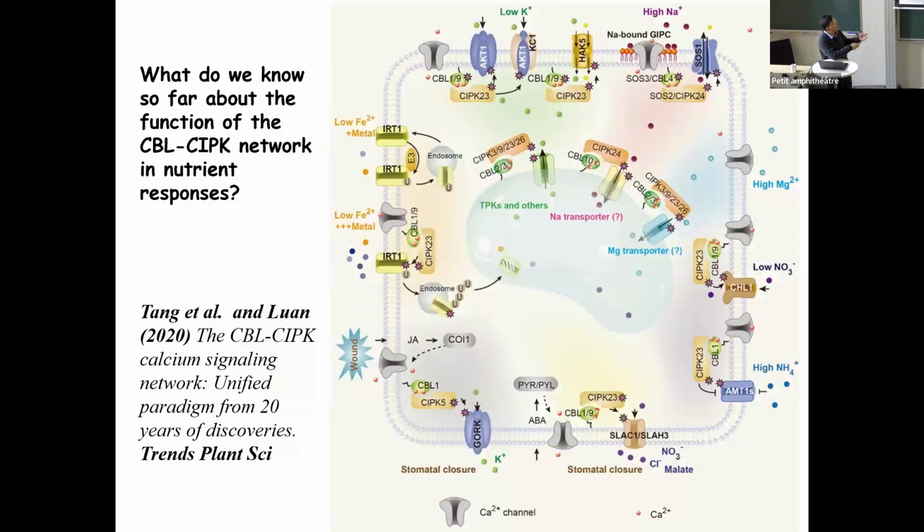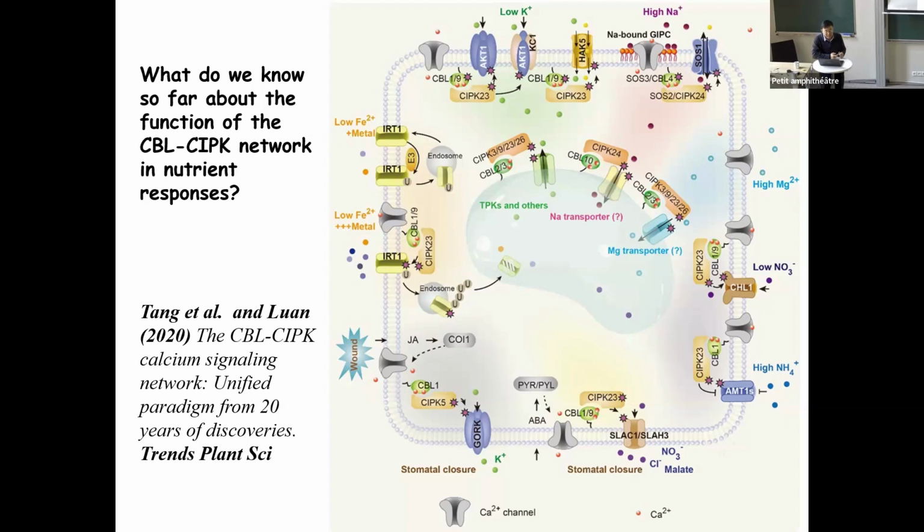So through the years, a number of labs have found that the CBL-CIPK network really controls nutrient use efficiency, or homeostasis. There are many transporters: nitrate, ammonium, that's nitrogen, right? Phosphate, not yet. Potassium, I just told you, both plasma membrane and vacuolar membrane potassium transporters are controlled by that. And then there are magnesium transporters, iron, manganese.